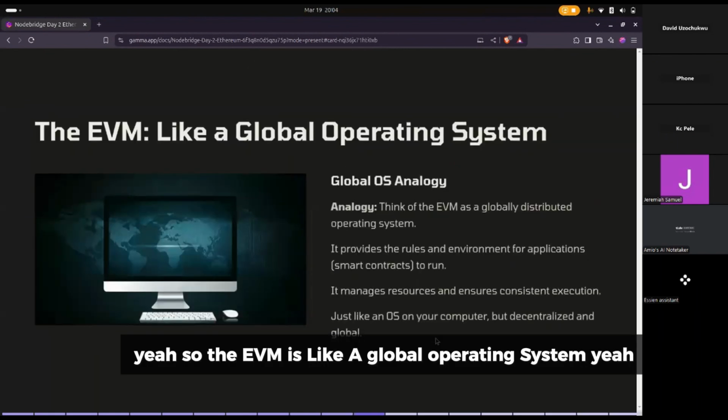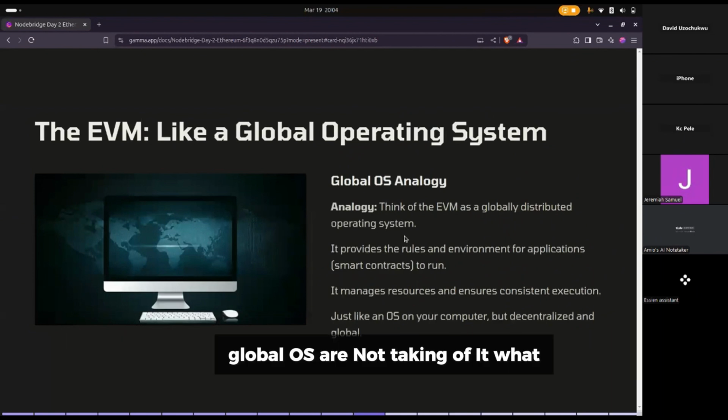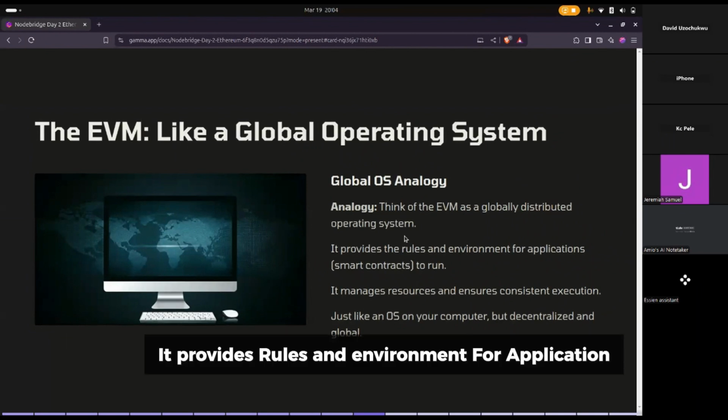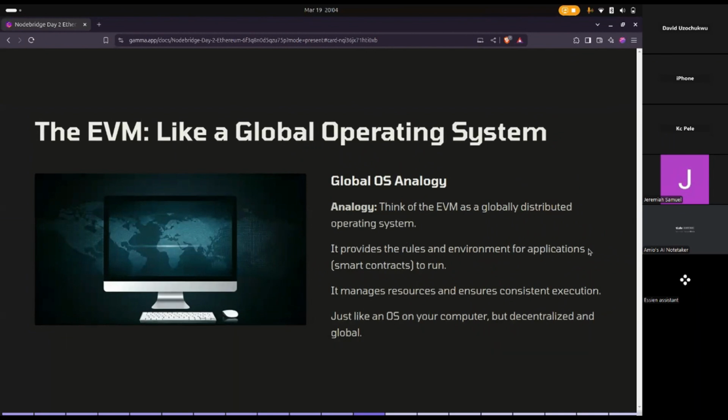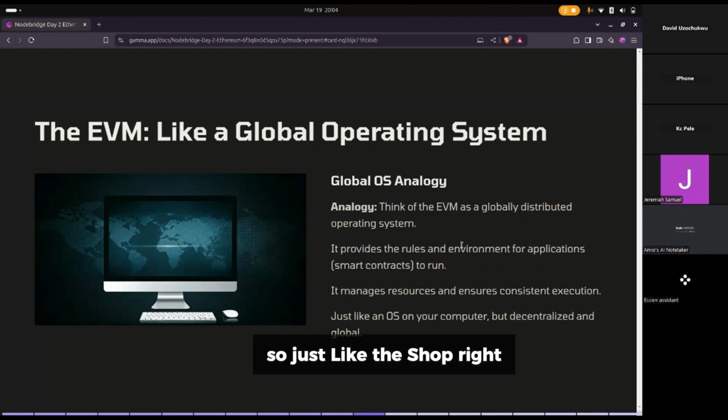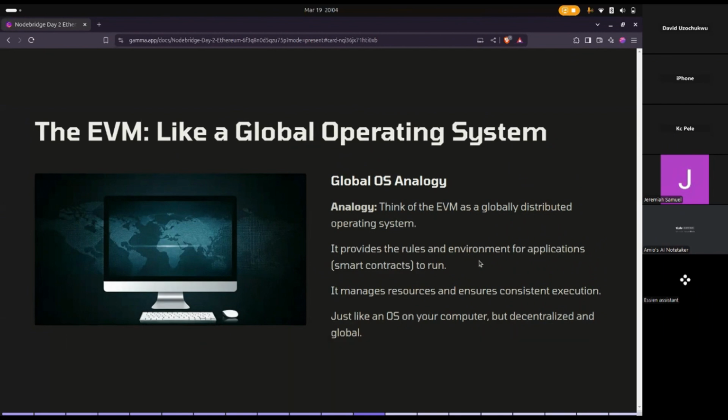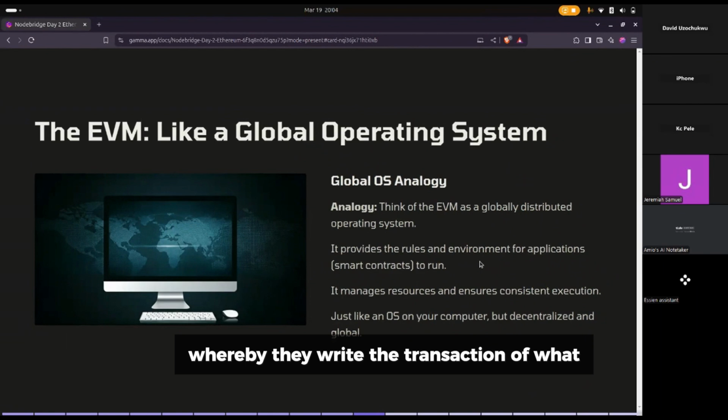So the EVM is like a global operating system. Yeah, global OS. Think of it as a global distributed system. It provides rules and environment for applications. Just like the ShopRite, that is the environment whereby they write the transaction of where you bought those things.